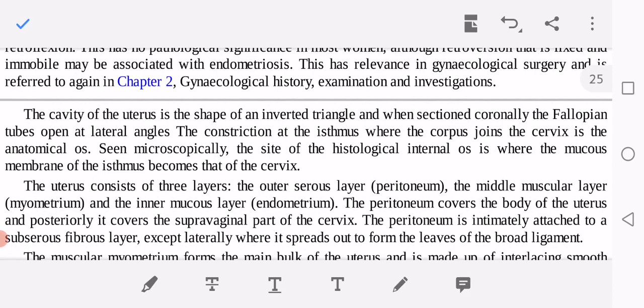The constriction at the isthmus where the corpus joins the cervix is the anatomical os, and seen microscopically, the site of the histological internal os is where the mucous membrane of the isthmus becomes that of the cervix.